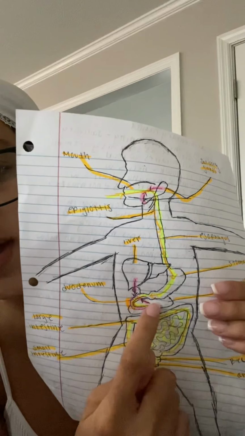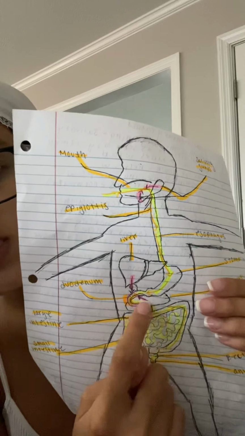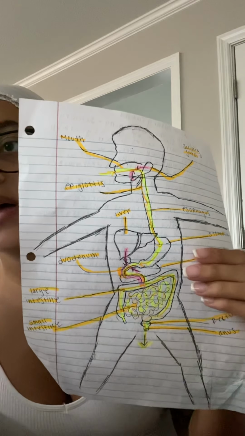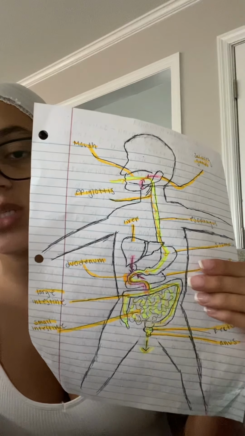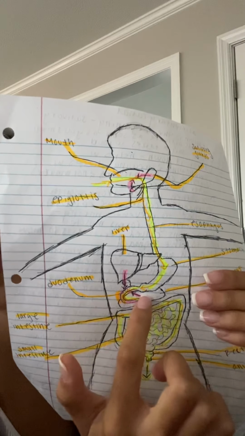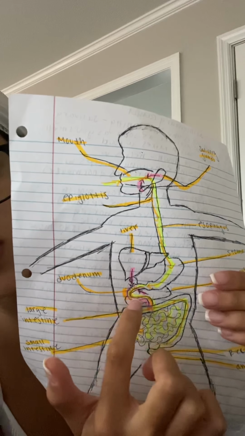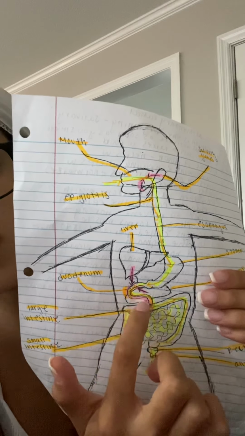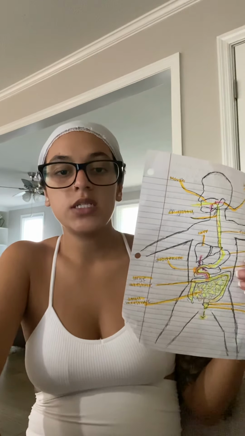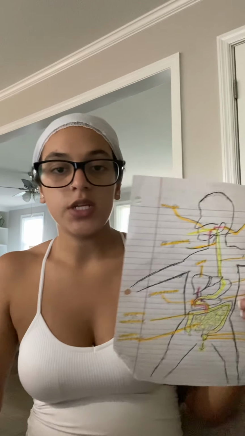And here we have our pancreas, and our pancreas will secrete pancreatic enzymes, also known as pancreatic juices. That is also secreted into the duodenum, and these two, the bile and the pancreatic enzymes, both help the small intestine further break down and digest foods.